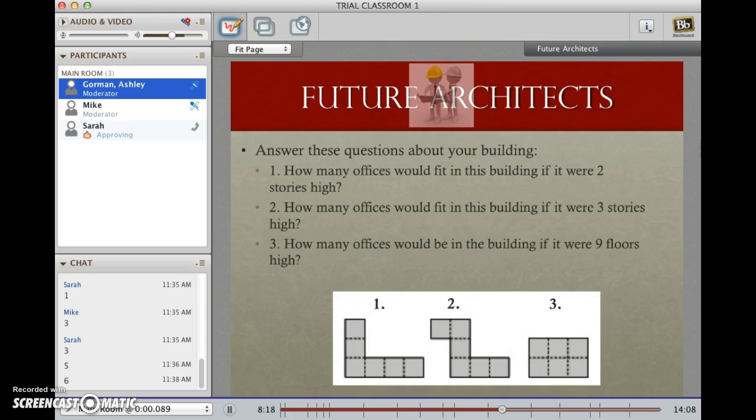All right, it looks like everybody's ready to go. So Sarah, can you go ahead and just type in your 3 answers? Looks like she has 18. 6 times 2, wasn't it?